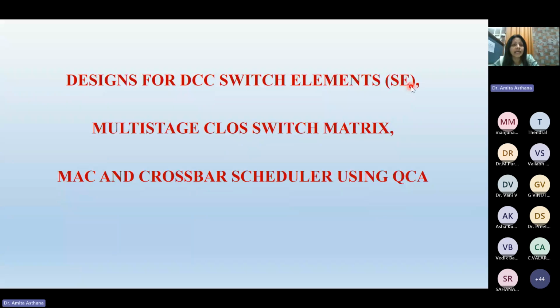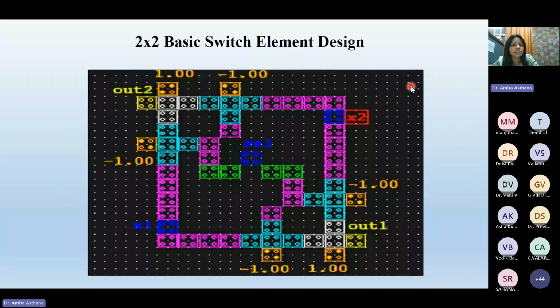So the design as shown presents a 2x2 basic switch element. In this, I have used a 3 input majority gate, and if the polarity is -1, then it works as an AND gate, and if it is given a polarity of 1, then it works as an OR gate.